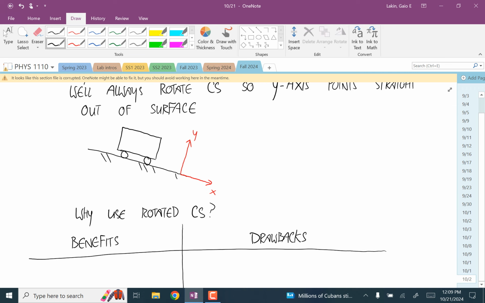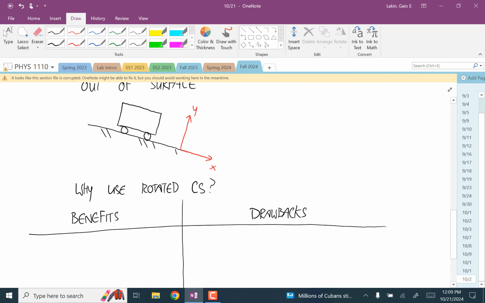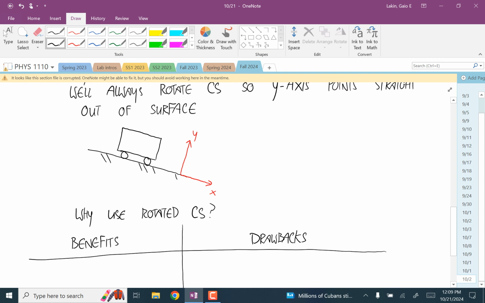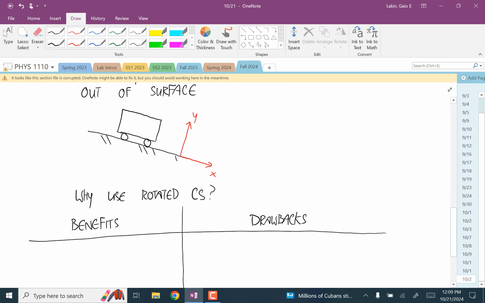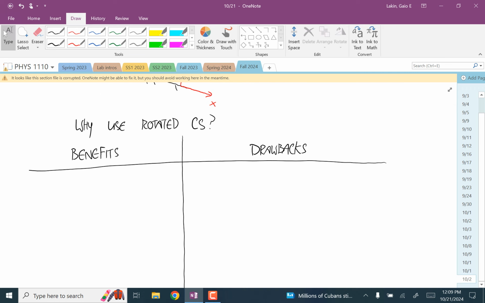We'd have to use cosine and sine with angles. It would be a pain. But with this coordinate system, notice that all the rolling or sliding happens along the x-axis. Okay, so with this rotated coordinate system, the first benefit is that the acceleration vector is just going to be represented as a_0 instead of having a cosine and sine mixed in there.